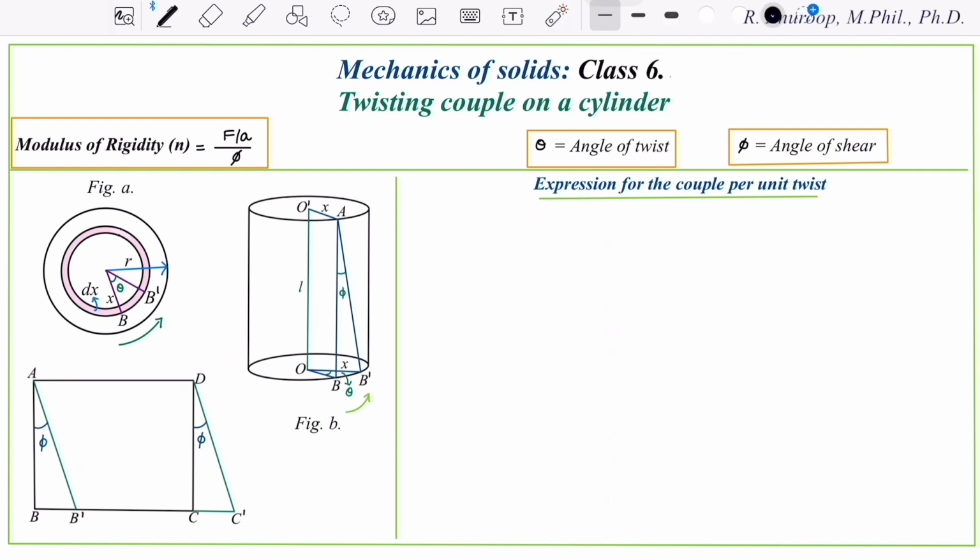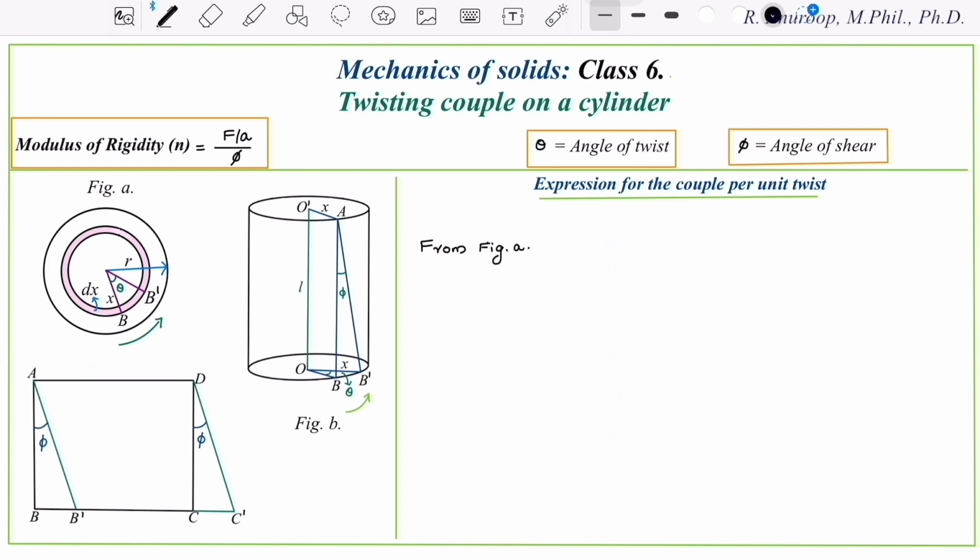Now let us find out the expression for the couple per unit twist. From figure A, we can see that the point B on the rim of the cylinder having radius x is shifted to B dash through an angle theta.